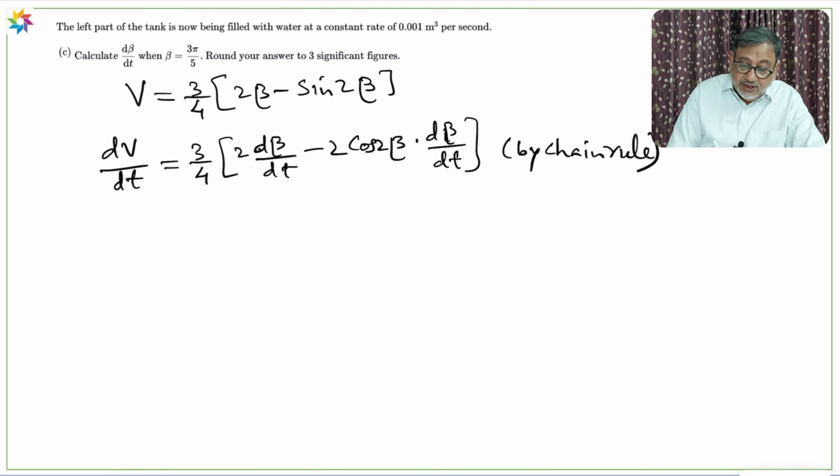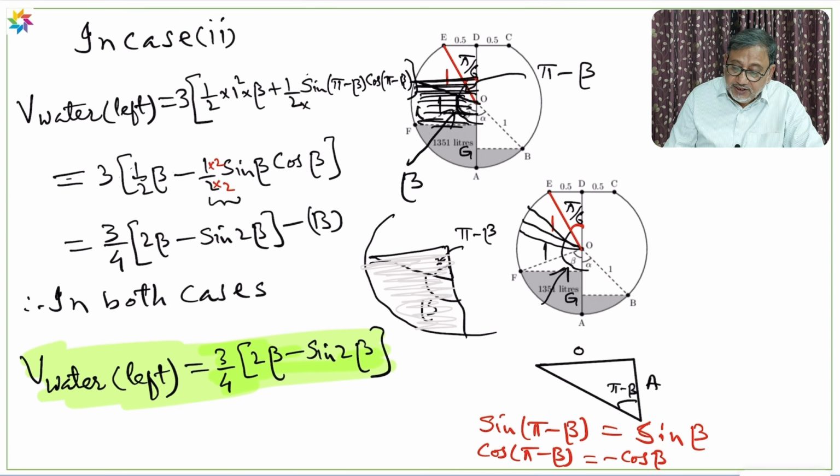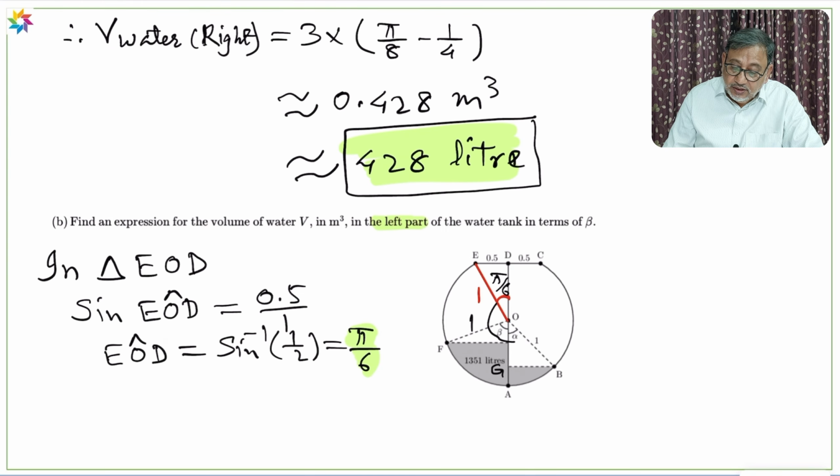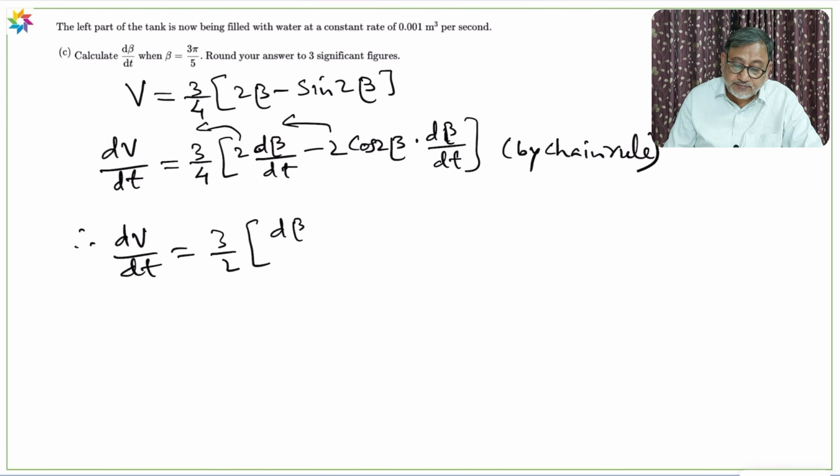Therefore dV by dt, now I will open the bracket, 3 by 2. See, this 2 I will take out, this 2 I will take out, so 3 by 2 d beta by dt, but d beta by dt, have they given it to us?